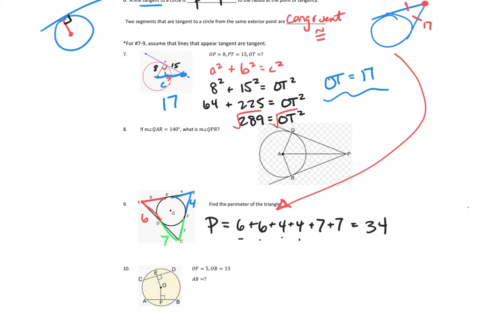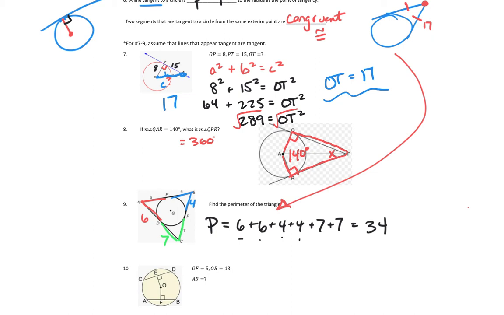Up next, again, the tangent and the radius make a 90-degree angle. Radius and tangent make a 90-degree angle. We know that this angle is 140 degrees right here, and we need to find angle P. So you need to realize that's a quadrilateral. It's got 4 sides, and a quadrilateral adds up to 360 degrees.